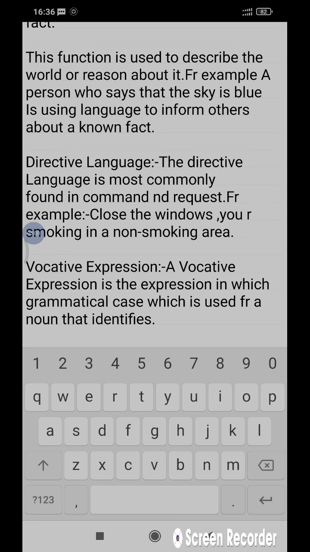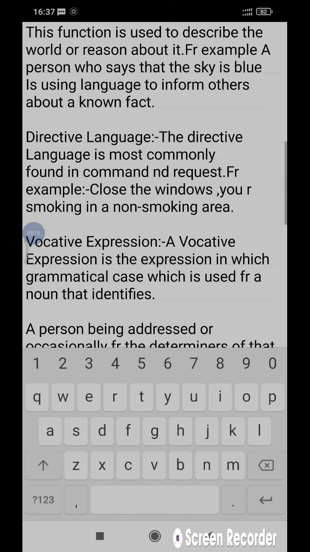Directive language. The next point is directive language. Directive language is most commonly found in command and request. For example, close the windows. You are smoking in a non-smoking area. So these are examples of command and request.